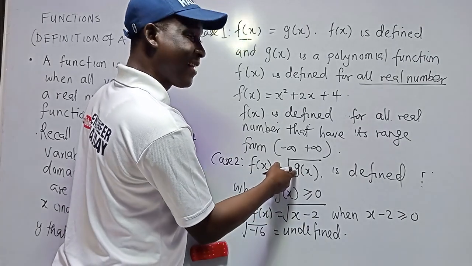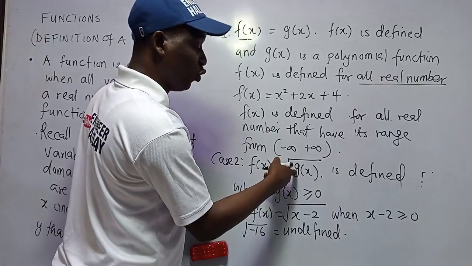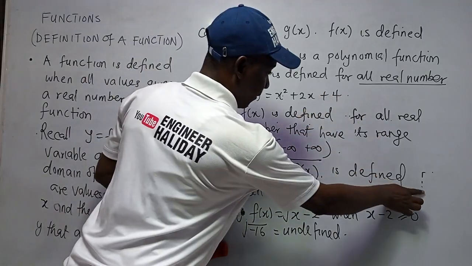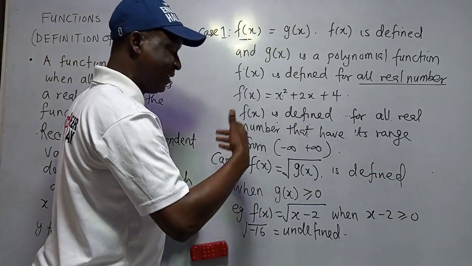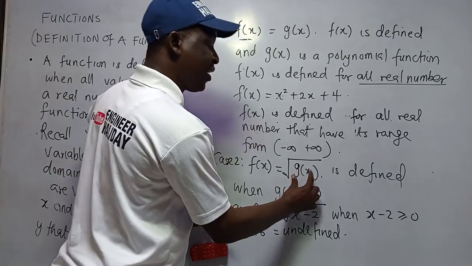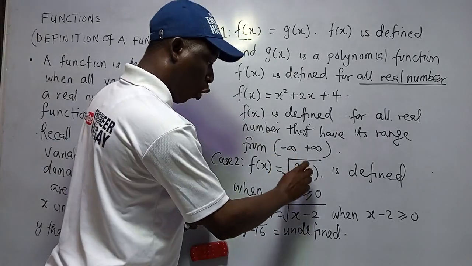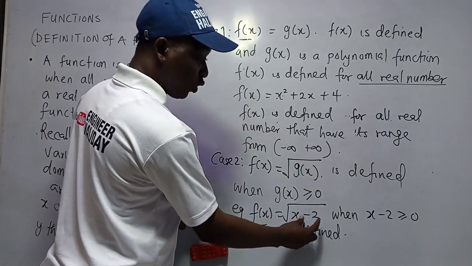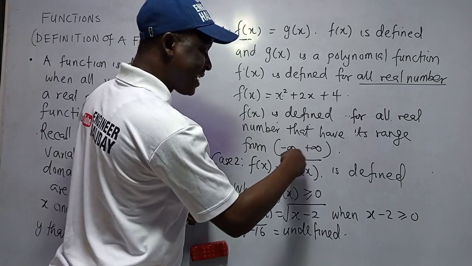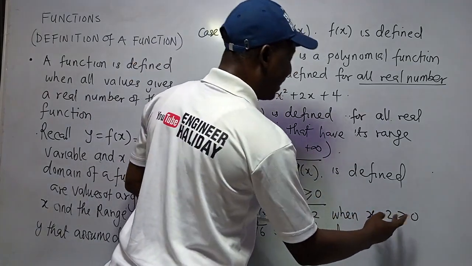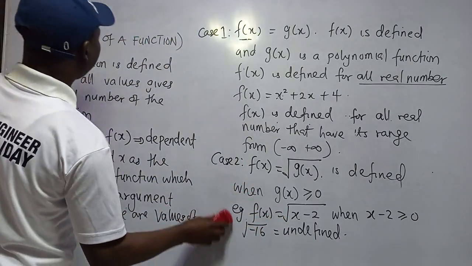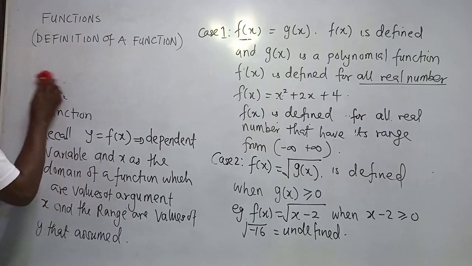So for f of x to be defined, g of x must be greater than or equal to 0. If I want to solve this question, I must ensure that x minus 2 inside the square root is greater than or equal to 0. That is case 2.